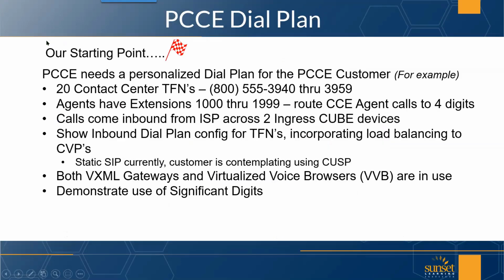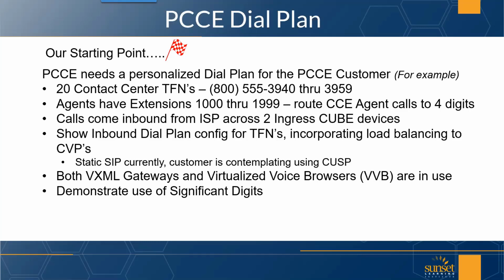Our starting point in this discussion, and in the lab environment that we're dealing with, is that we have a functioning PCCE already built, and we're now just going to add some toll-free numbers. Agents, we're assuming, have extensions, say 1000 through 1999.